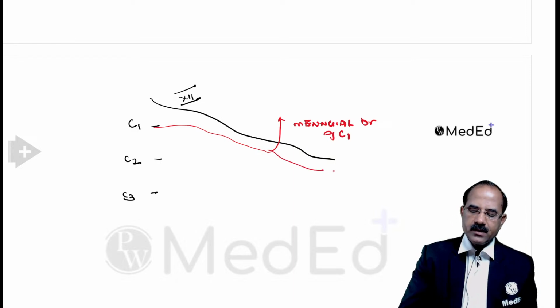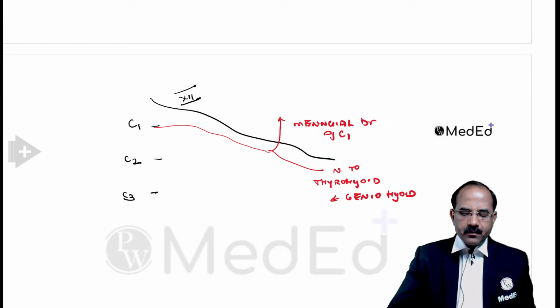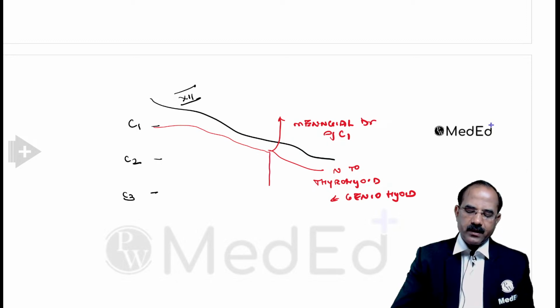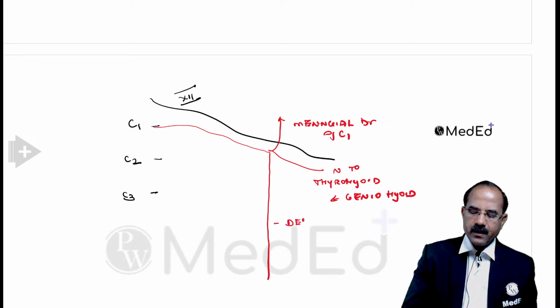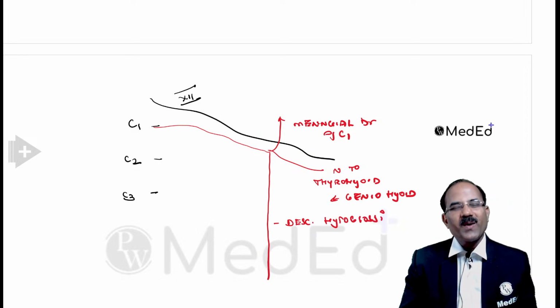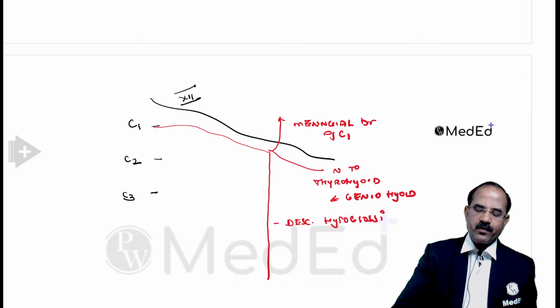Second is the nerve to thyrohyoid and geniohyoid. And there's one branch which is descending down. What do you call this? This is known as the descending hypoglossi, or what we call the superior root of Ansa cervicalis.